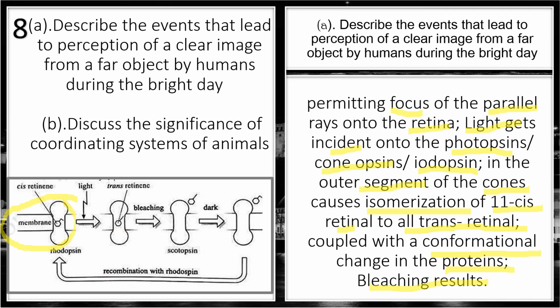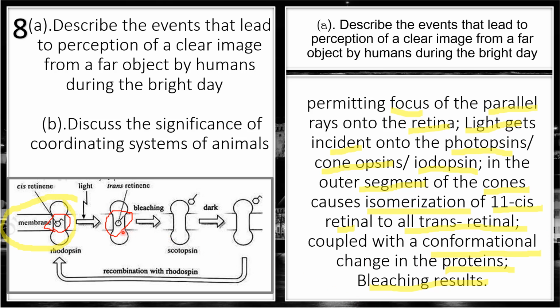We can see this is the cis retinal, and after light hitting the photopsin, the cis retinal is going to be changed into the trans retinal. And with the conformation change in the protein, bleaching results.